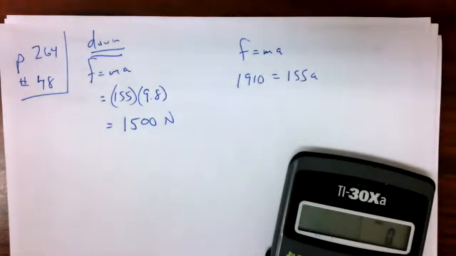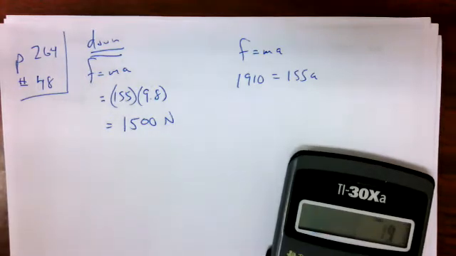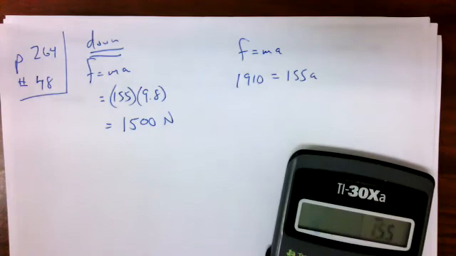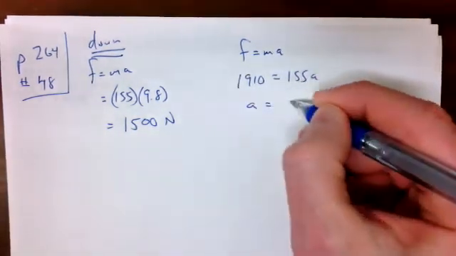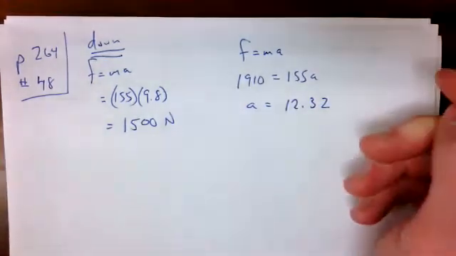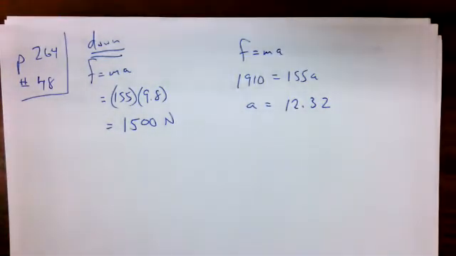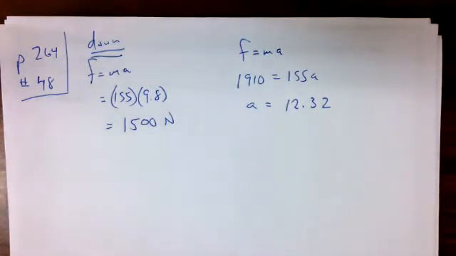So 1910 divided by 155 is 12.32, we'll say. So acceleration equals 12.32. No, wait, we were talking about acceleration. I want to make sure I don't make a mistake here. It lifts that weight with 1910 newtons of force overhead. Okay, but we want the net force acting on the weight.